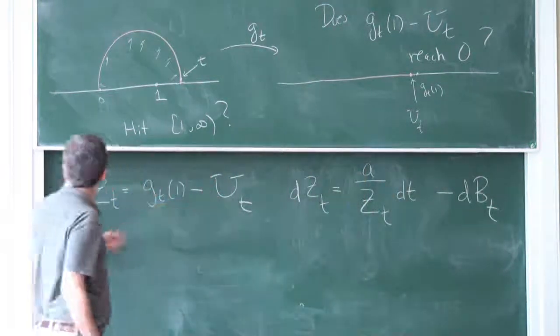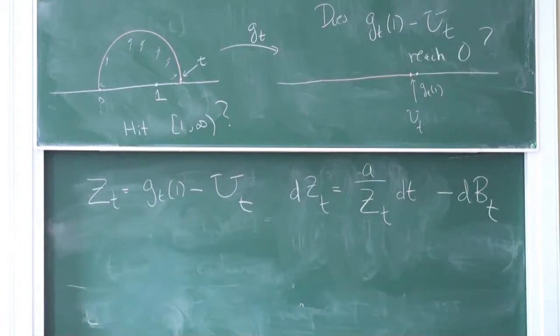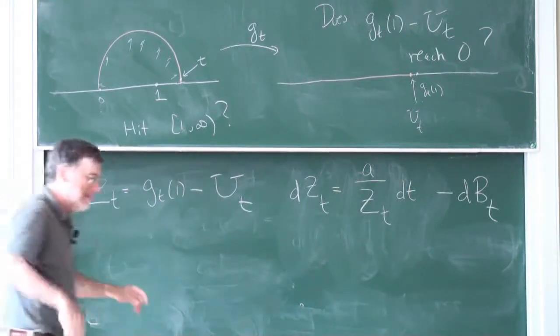That's the second term that's missing there. So minus a Brownian motion and plus a Brownian motion are the same thing in distribution.